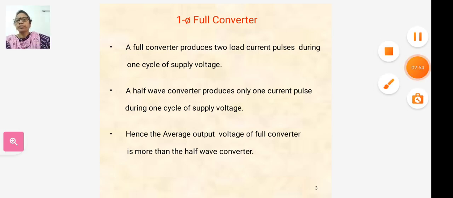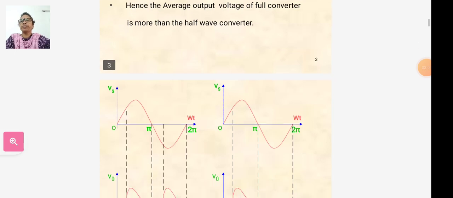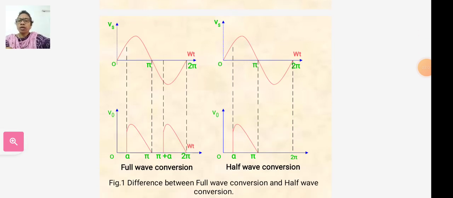Hence, the average output voltage of the full converter is more than that of the half wave converter. These are the waveforms of full wave conversion and half wave conversion. This is the difference. Now we are going to discuss the full wave conversion.